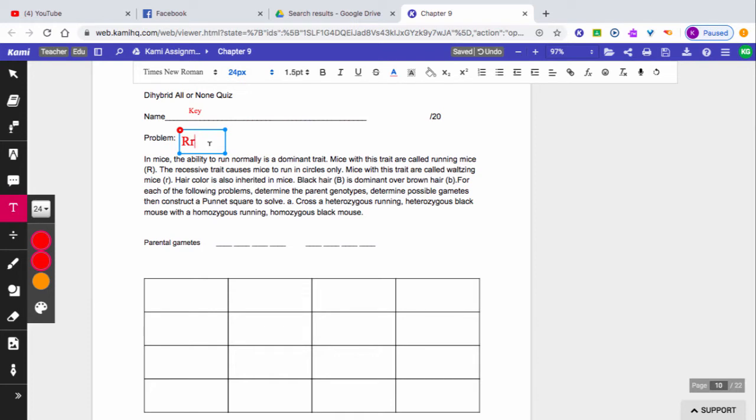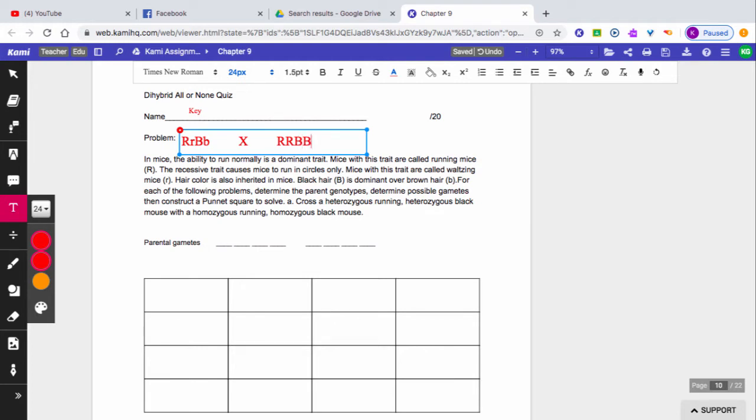Okay, with a heterozygous black mouse, with a homozygous running. So I know that he's capital R. He's homozygous for running and homozygous for his black coat.